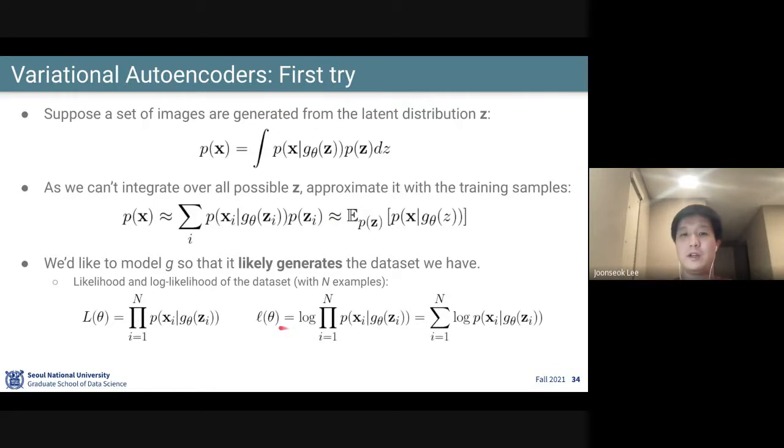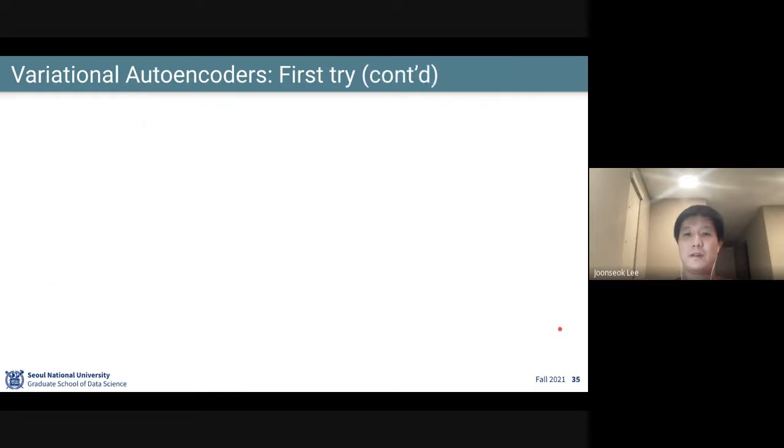So we take the likelihood function, then we take the log likelihood. I'm not going to repeat all of these basics. So the log likelihood function looks like this. From there, let's assume that our model follows the Gaussian distribution. This is just our assumption. It can be any distribution, but to make it easier, we assume that we have the Gaussian distribution here.